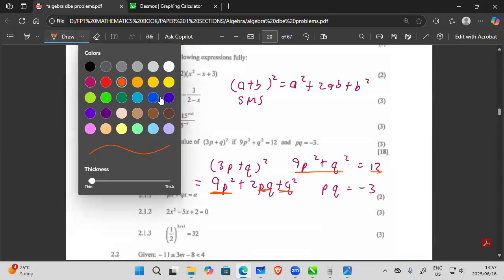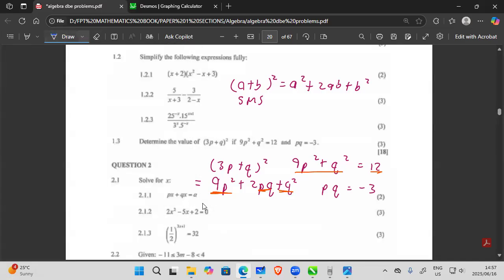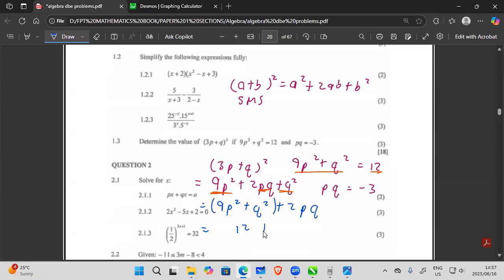And so if I rearrange it, like this here, we didn't change the question, we only re-expressed it. And so this part here is the same as 12 plus 2 into pq, which is minus 3. And if we solve, we get 6. Can you see that?